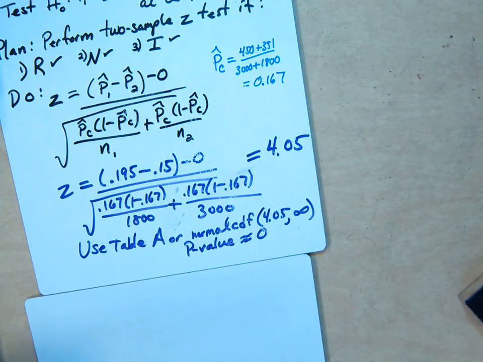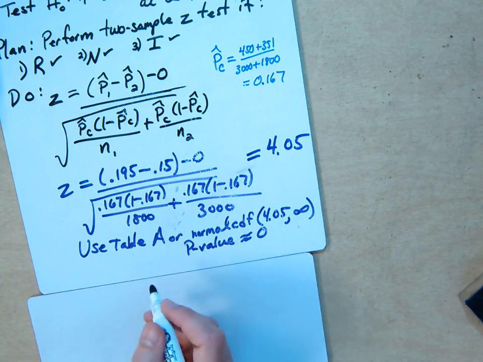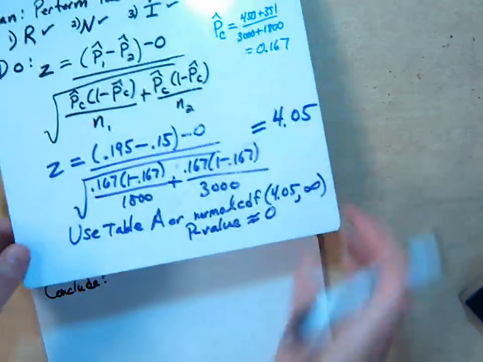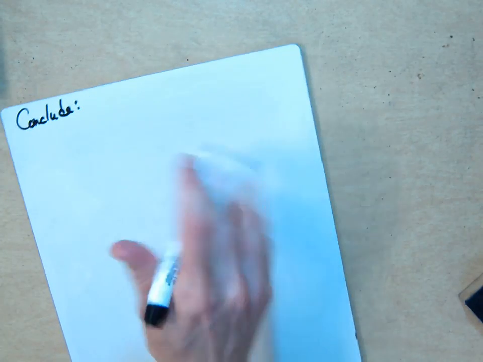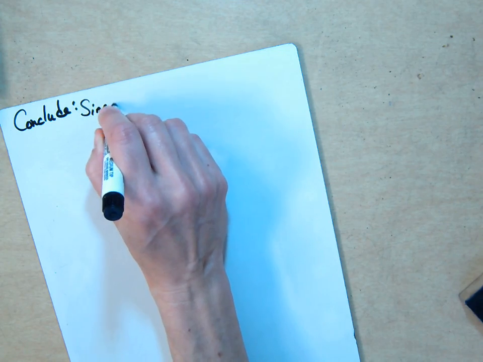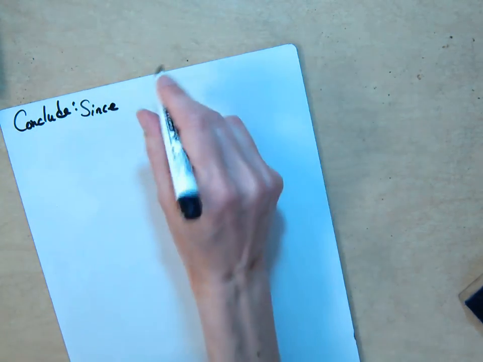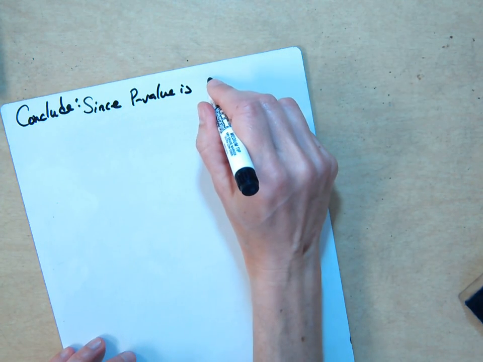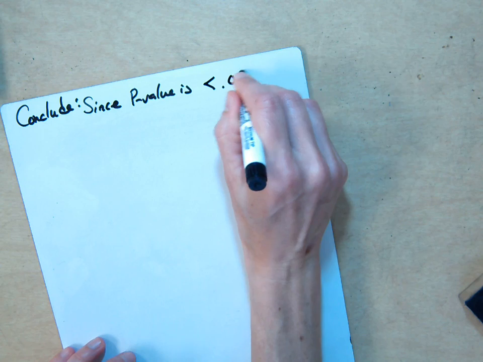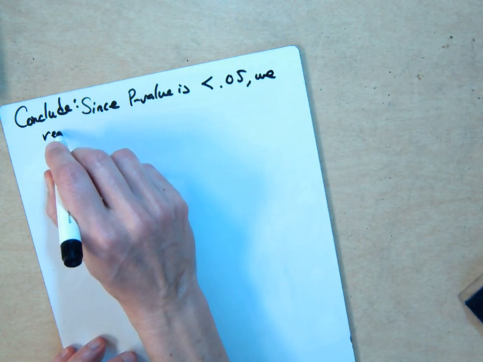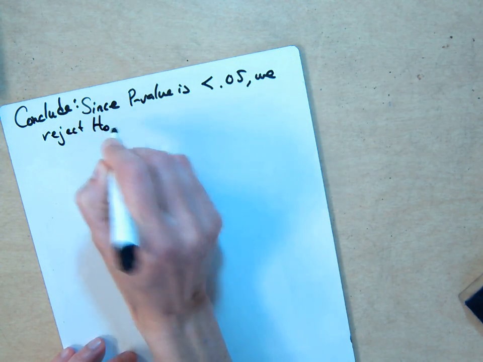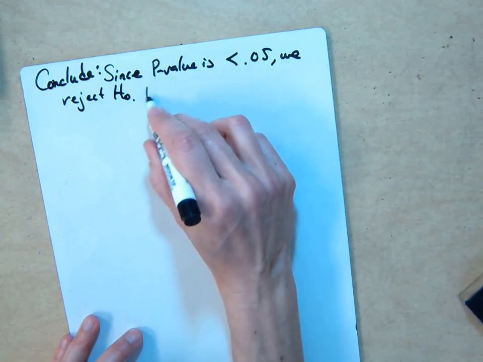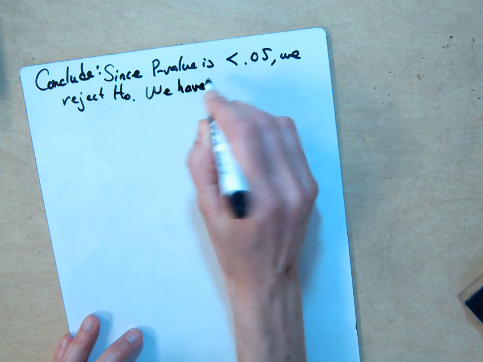Or you use your calculator, and then conclude, the most important part. There are two sentences you need to use in the conclusion. So first is, since the p-value is less than 0.05, we reject H naught. But you can't leave it at that, because that's not putting it into context of the problem that we're solving. So you need to continue with another sentence.